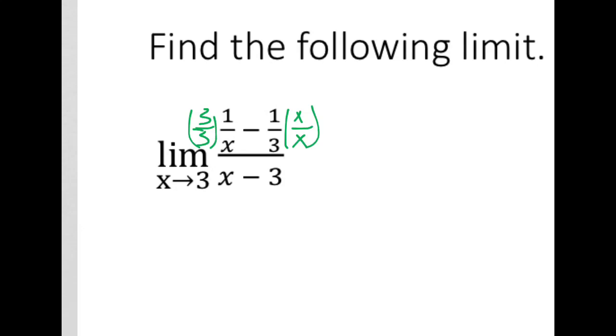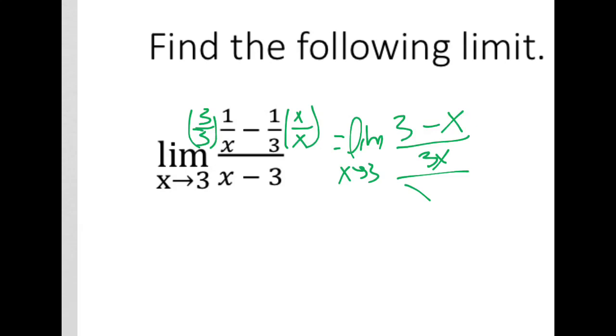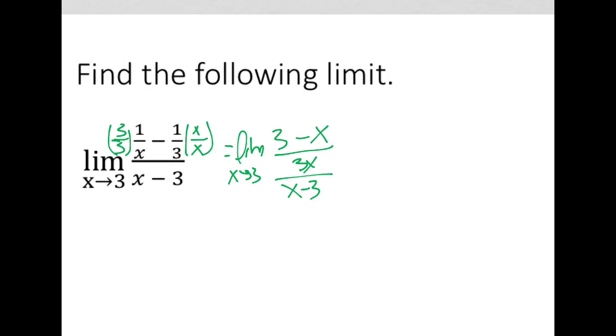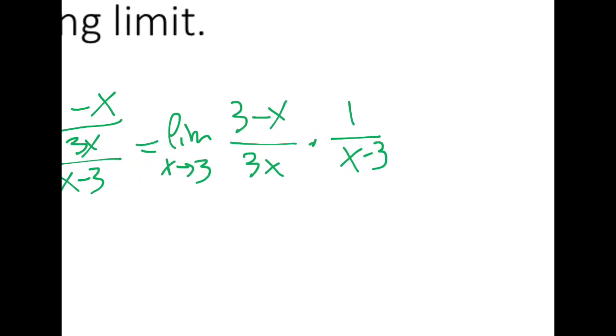So I'm going to get 3 times 1, rewrite this limit real quick as x goes to 3: 3 times 1 is 3 minus 1 times x is x, over 3 times x is 3x, all over x minus 3, which I'm going to rewrite as the limit as x approaches 3 of 3 minus x over 3x times 1 over x minus 3, multiplied by the reciprocal there.